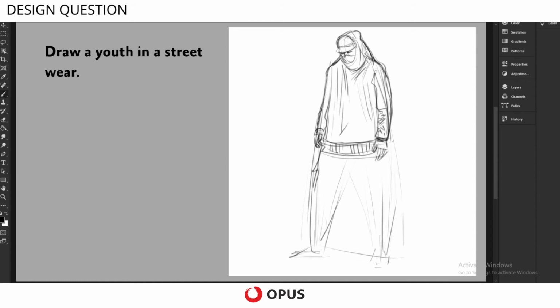So we will draw a cargo here, and then the shoes, which are more like a canvas.